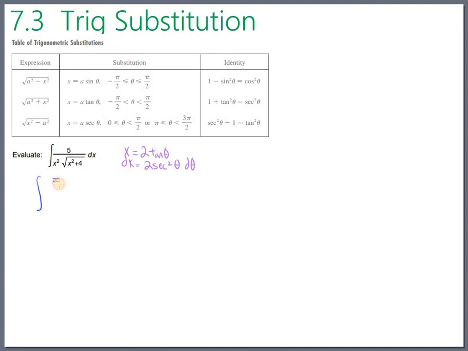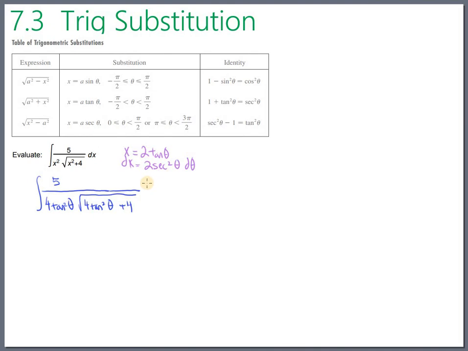So we've got 5 over x squared, so x squared would be 4 tangent squared. And then square root of x squared again, which is 4 tangent squared theta plus 4.